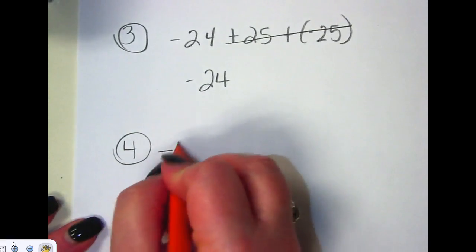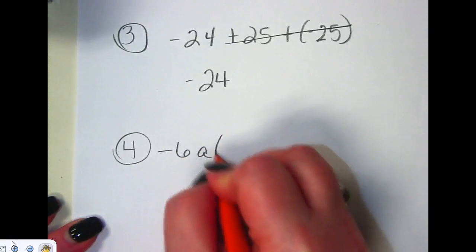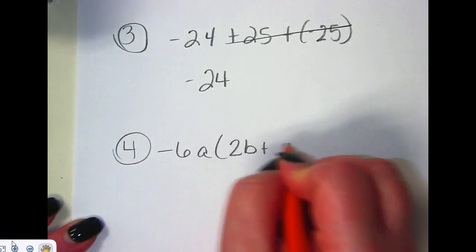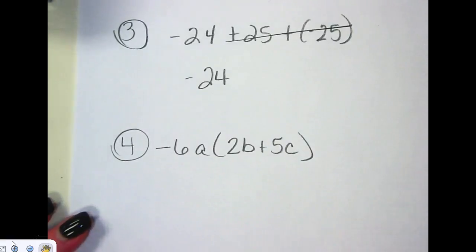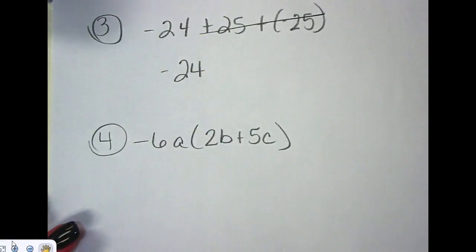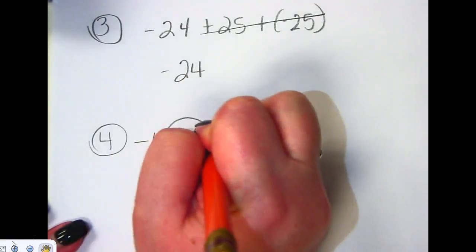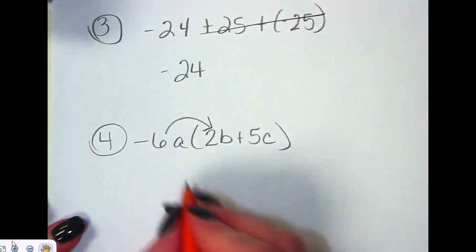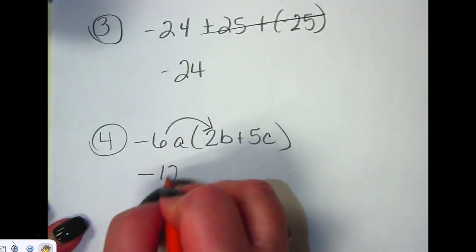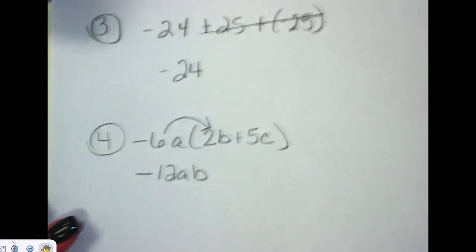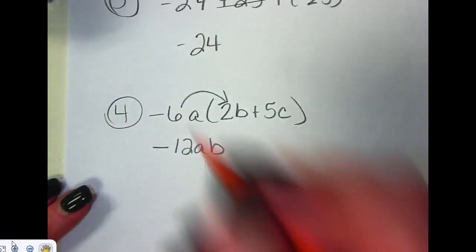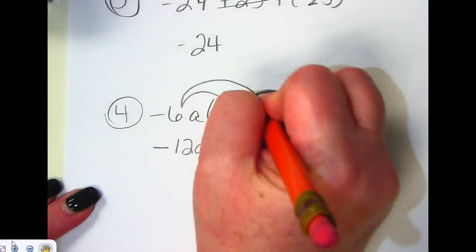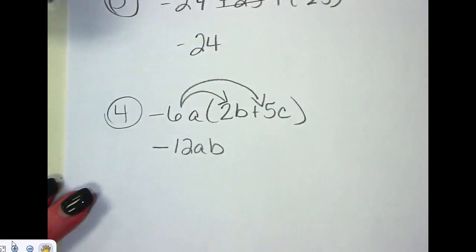Number 4. Negative 6a times 2b plus 5c. Now, what property do we need to do here? Distributive. Negative 6a times a positive 2b is negative 12ab. Multiply negative 6 times positive 5c.